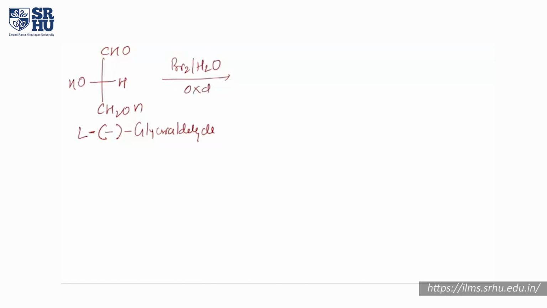The CHO group will be converted into COOH, with OH on the left-hand side, H on the right-hand side, and CH2OH. As this has been obtained from L-glyceraldehyde, the relative configuration will be L. Now, is it dextrorotatory or levorotatory? The answer is that this compound is levorotatory.